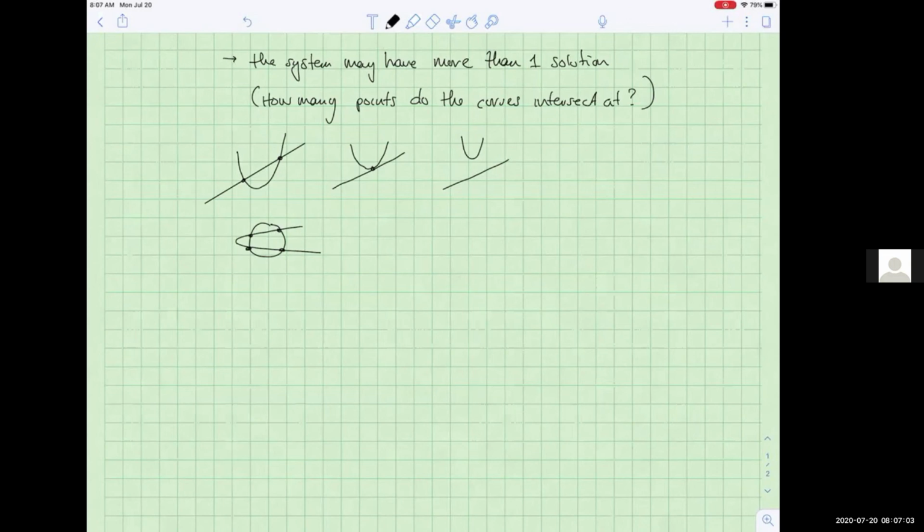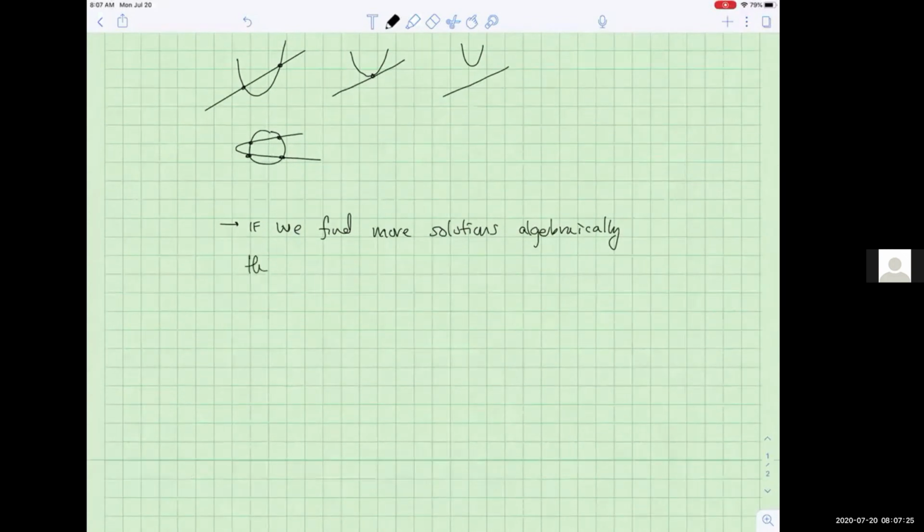The second reason we want to graph it is not only do we want to know how many we're looking for, if we find more solutions algebraically, that is to say, by working the arithmetic, then the graph shows, for example, let's say I do some arithmetic here, and I know that there's supposed to be 4.